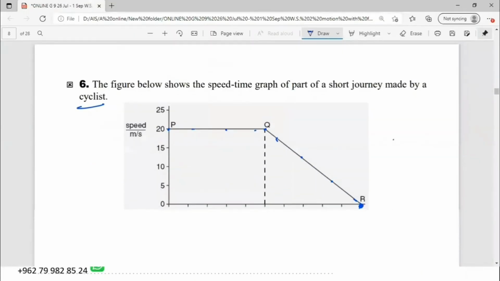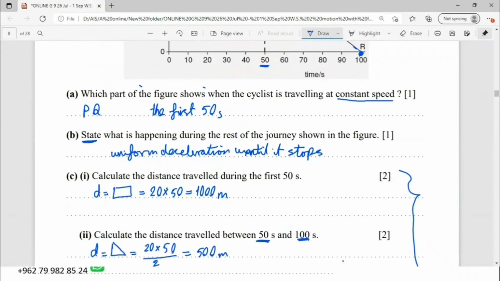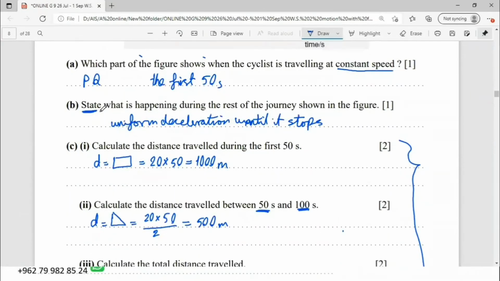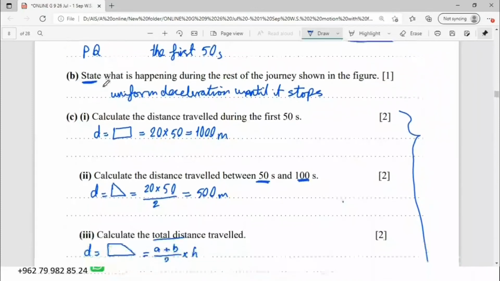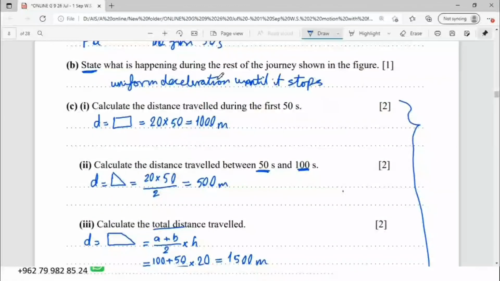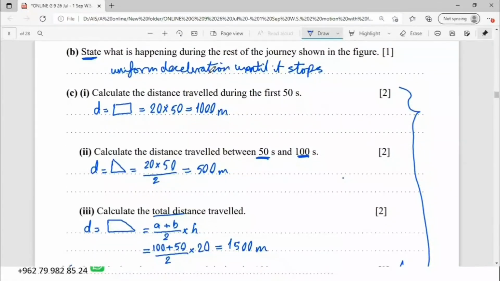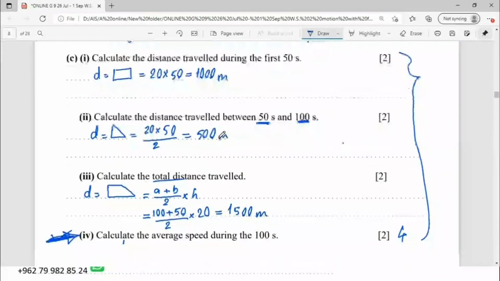Question number 6, once again guys. Part A asks when the motion is at constant speed from P to Q. Then part B, state what happens to the rest of the journey: its uniform deceleration until it stops. Forget my handwriting. Part C, calculate the distance in the first 50 seconds: distance equals area under the graph, which is 1000.